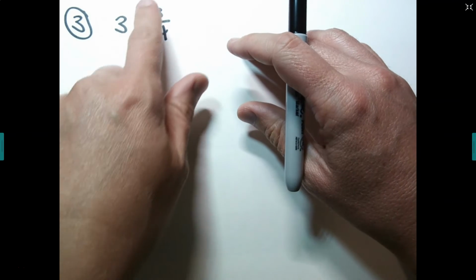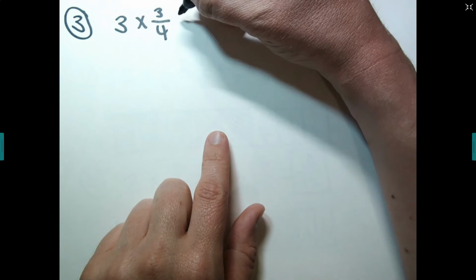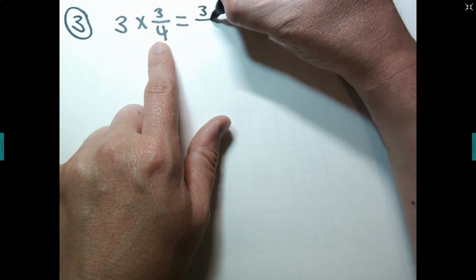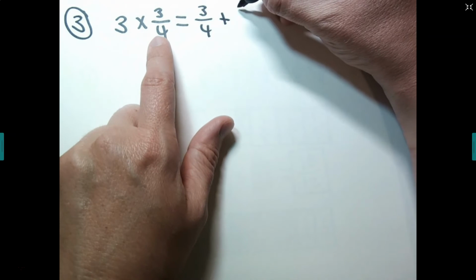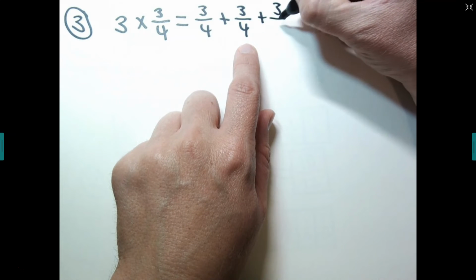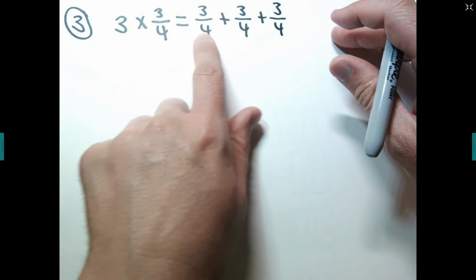Each person is eating 3/4 of a candy bar. How many candy bars will they need? Well, let's do addition first. Multiplication is repeated addition. Here's 3/4. Here's 3/4 again. And again. 3 times 3/4 means 3 3/4.